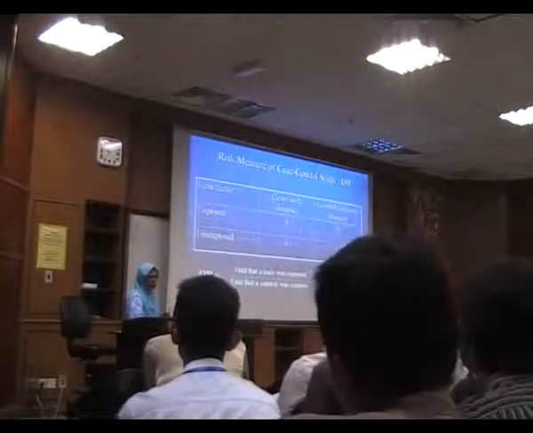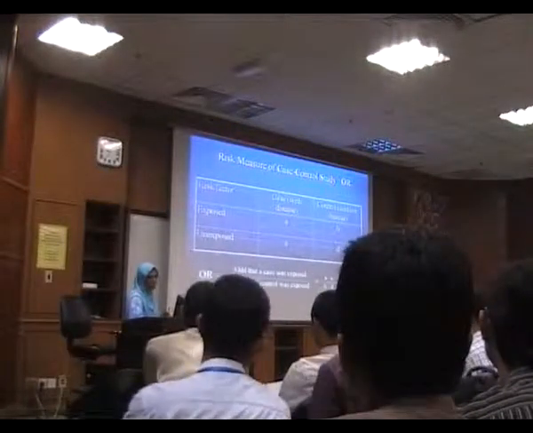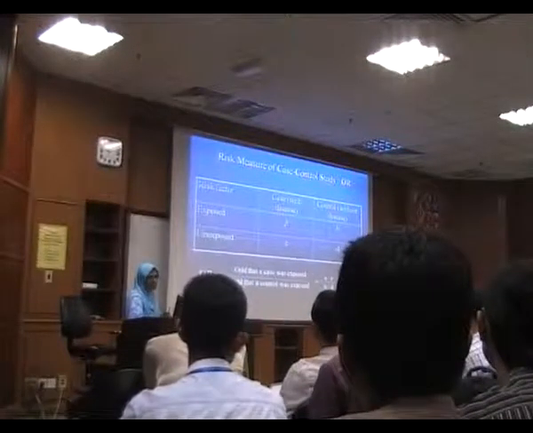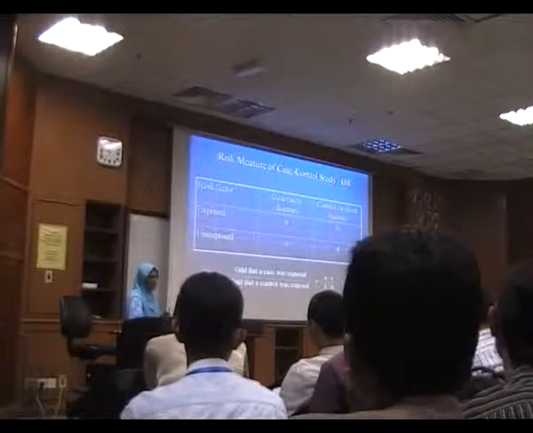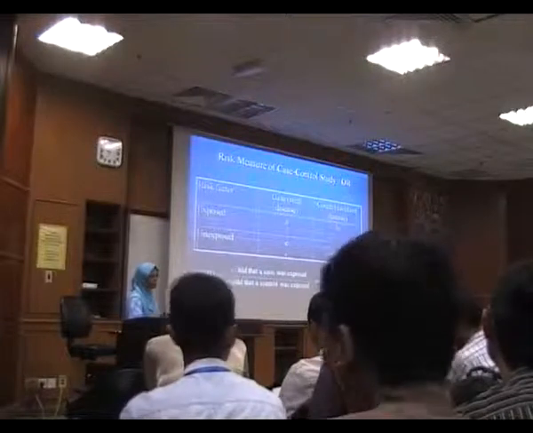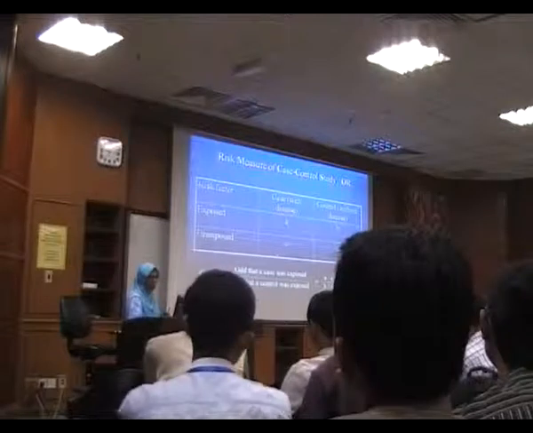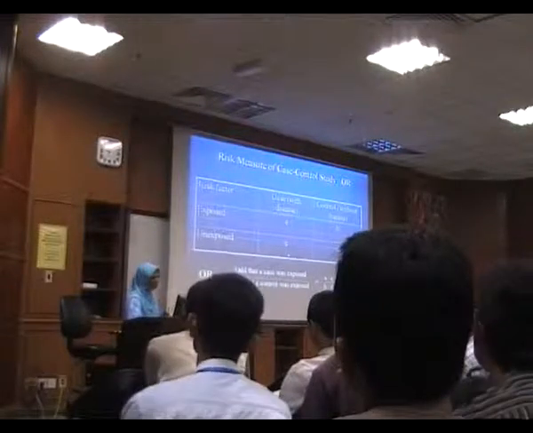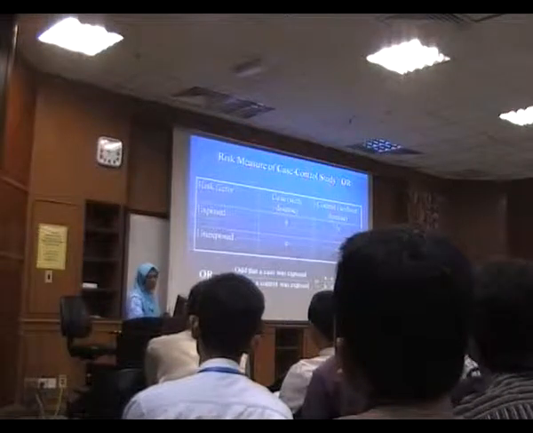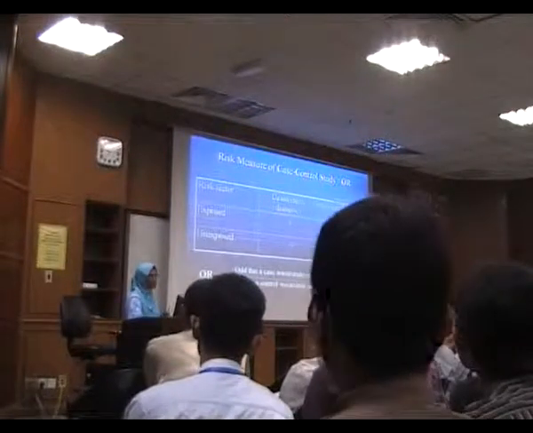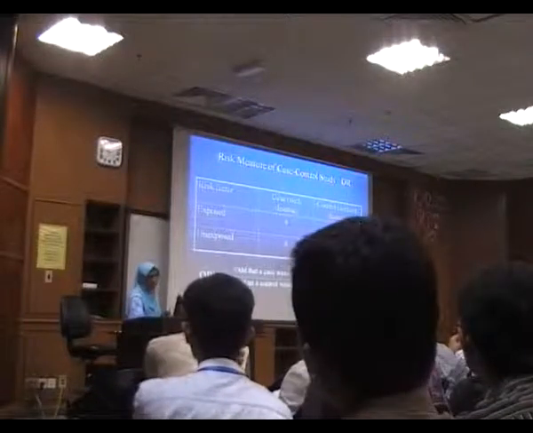So what is the odds that a case is exposed? A divided by C, where total cases is A plus C. So the odds that a case is exposed is A divided by C, and the odds that a control is exposed is B divided by D. So ultimately AD divided by BC.